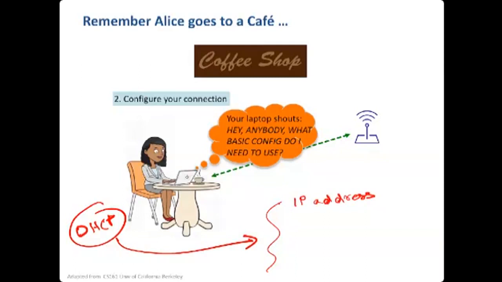She already has an Ethernet address, because a laptop comes with an Ethernet address. She needs an IP address. She also needs, if she goes to google.com or some other website, to know how a domain converts into an IP address.